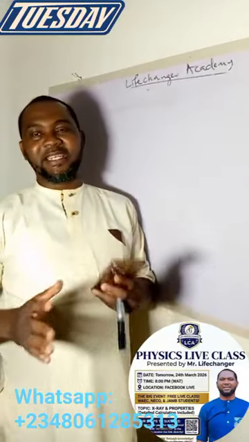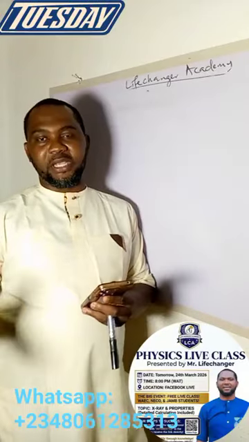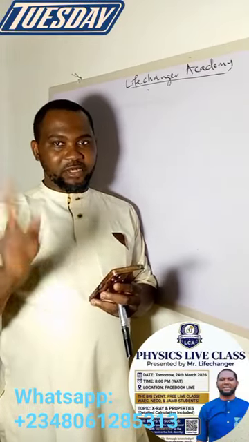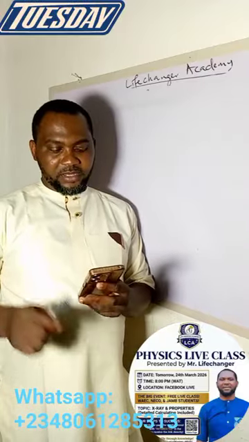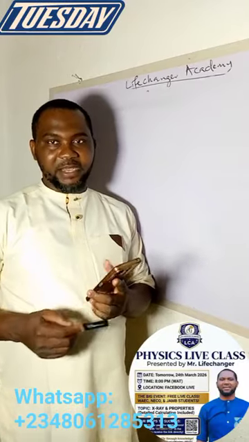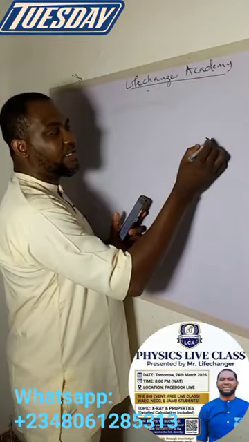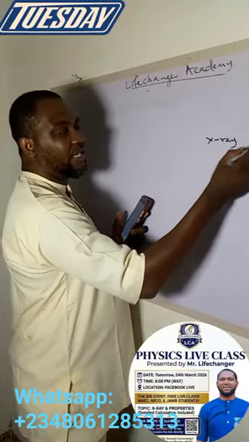You would understand gamma rays better when you do radioactivity. But A is not the answer. It says X-ray is more penetrating than gamma ray. No. Among the electromagnetic waves, the second to the last is X-ray, and the last is gamma ray.